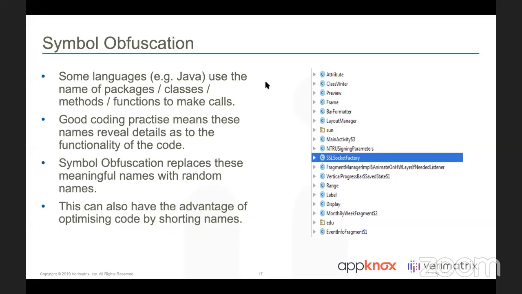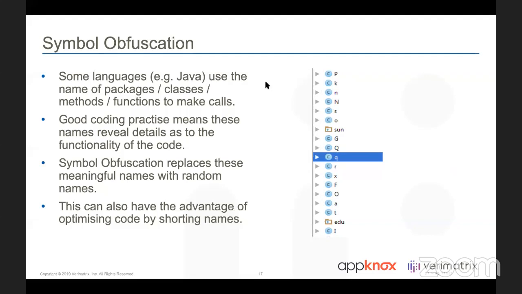In our highlighted example, we can see someone's created a package in their application called the SSL socket factory. So we know from its meaningful name this package is dealing with secure networking, and as an attacker, that becomes interesting to us. What symbol obfuscation does is replace these meaningful names with something that isn't meaningful to an attacker.